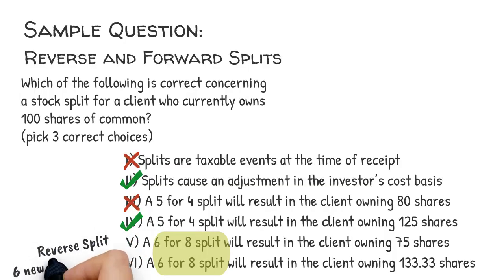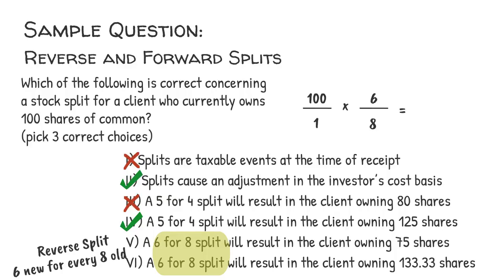Getting 6 new for every 8 old. So let's do the math the same way. 100 shares, that starts with 100 over 1. And again, how do we do this? The first number goes in the top, that's the 6. The second number goes on the bottom, that's the 8. So it's 100 over 1 times 6 over 8.